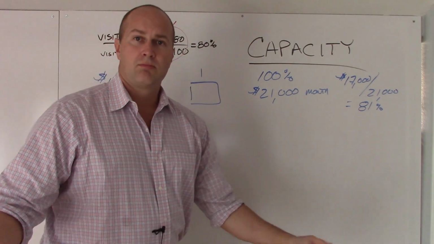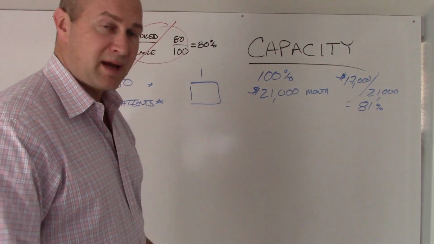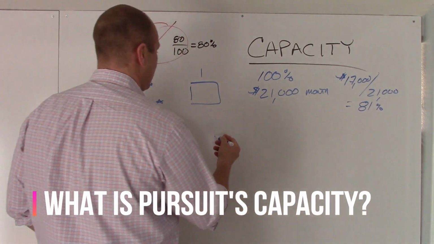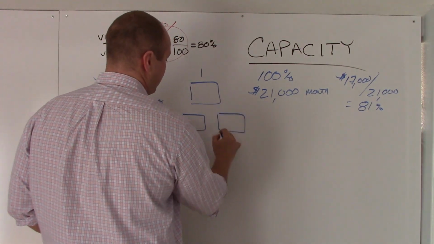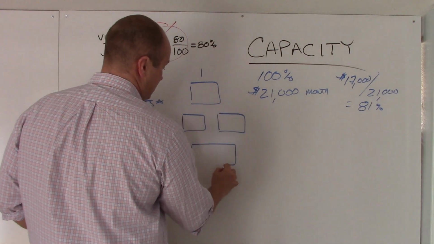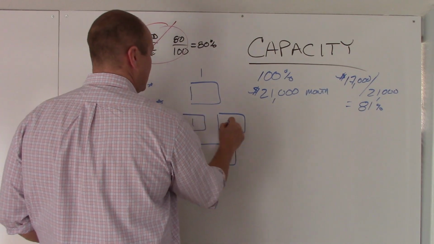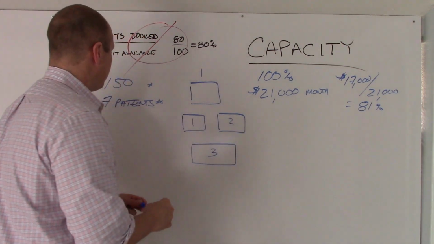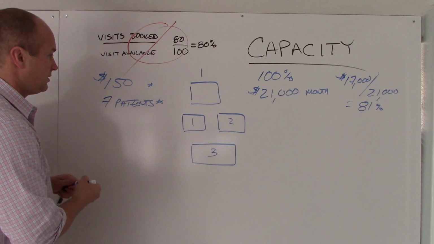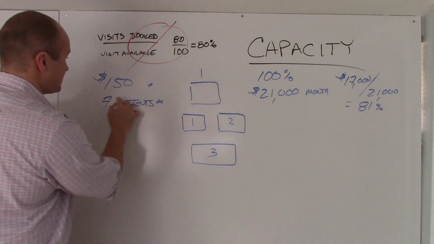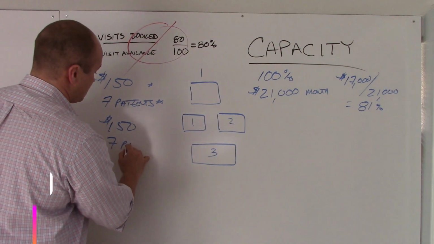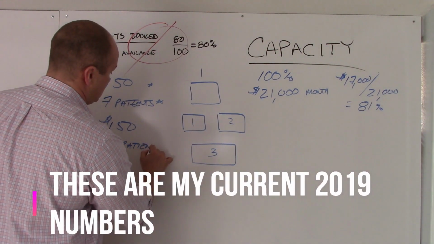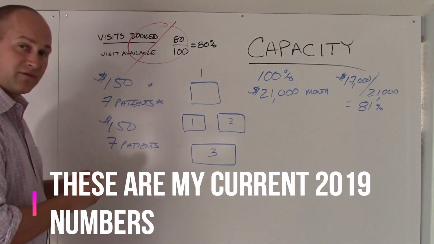So what's my current capacity? I currently have 2 treatment rooms, and I have a big gym in the back, so that's 3. I'm going to stay with $150 a visit, and 7 patients a day is still considered a full schedule.